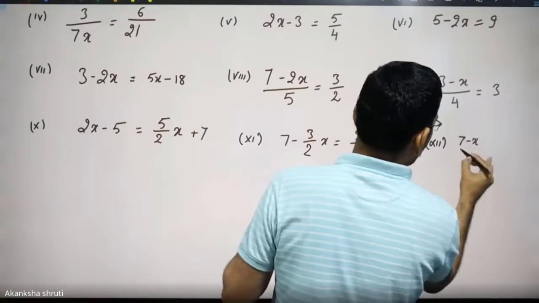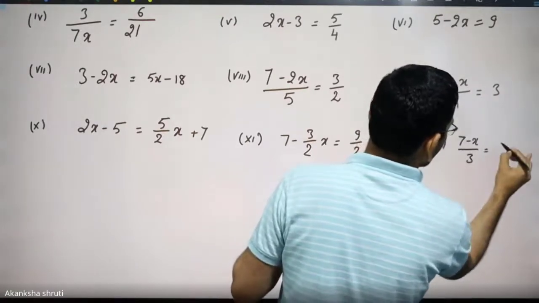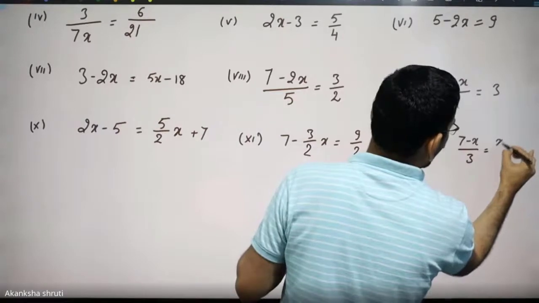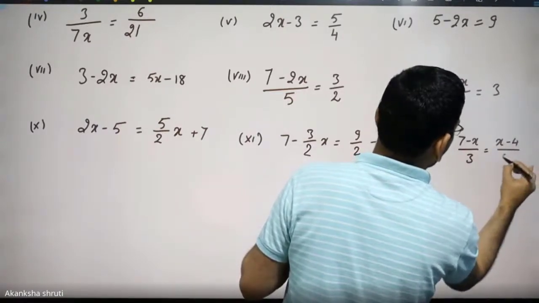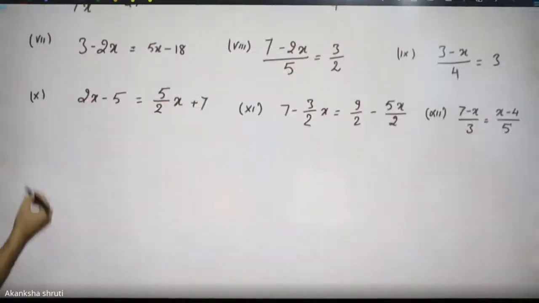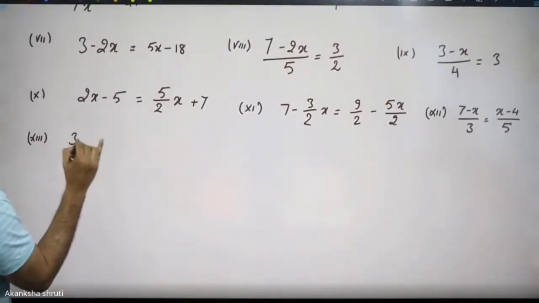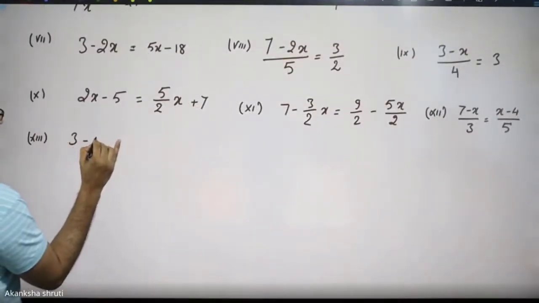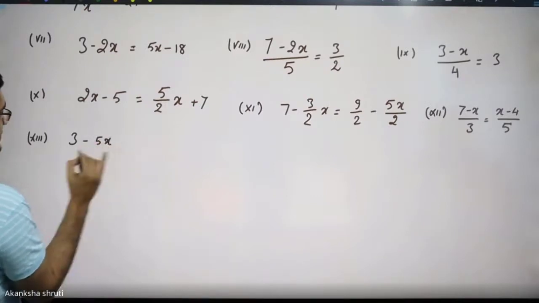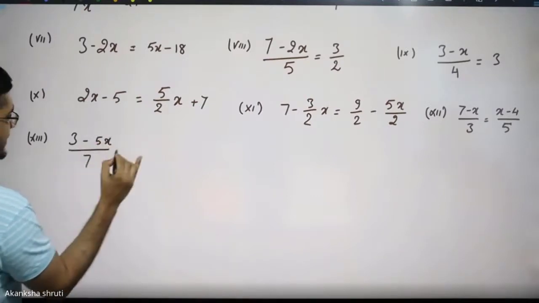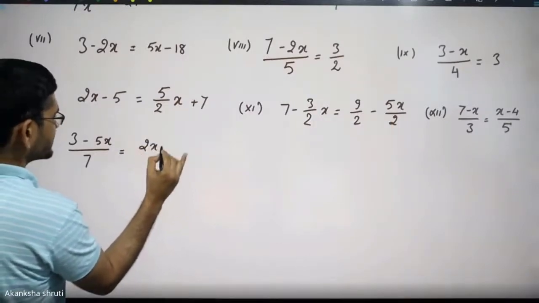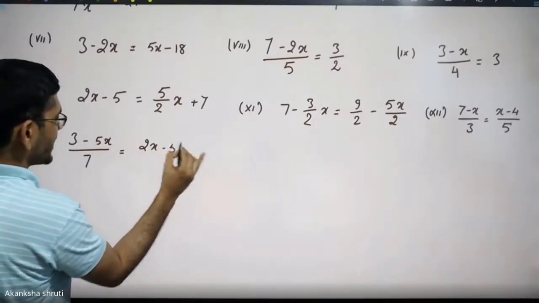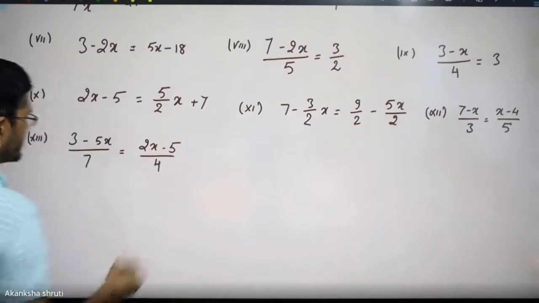(7 - x)/3 = (x - 4)/5. The next one, (3 - 5x)/7 = (2x - 5)/4.